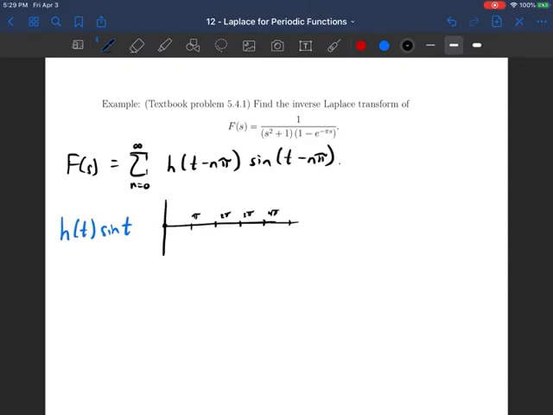So let's say that's pi, 2 pi, 3 pi, 4 pi, etc. It starts at 0, goes up, comes down to 0, then down, back up to 0, and so on. So the graph will look like this.